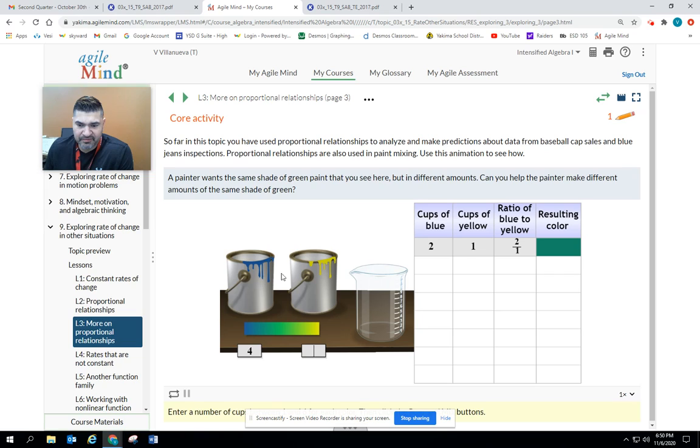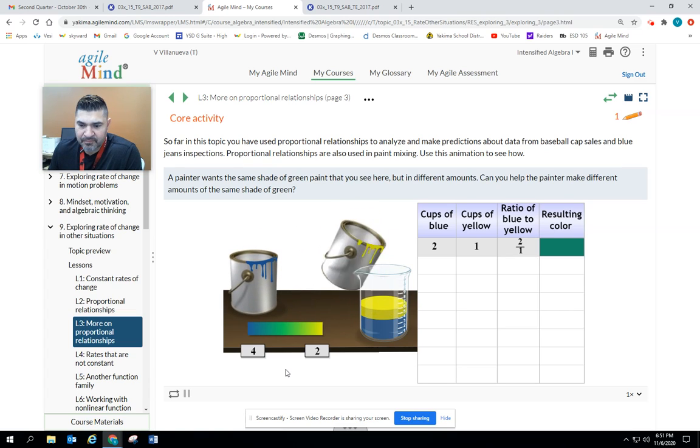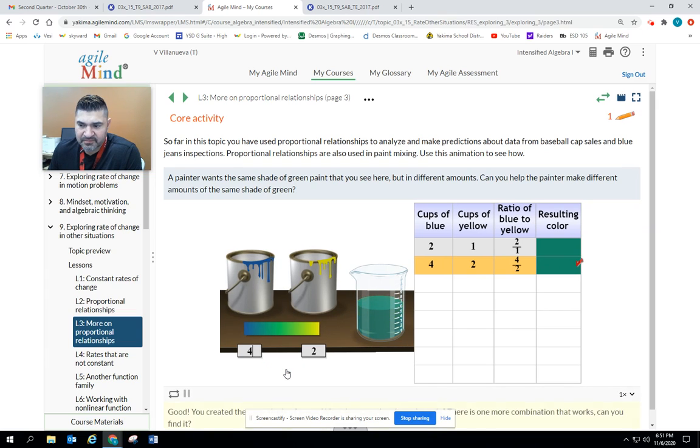Remember, it was 2-to-1, so this is going to be double of this one. So if we have 4 here, this is double of this, so this is going to have to be 2. And let's see if that comes up with the right shade of green. And we'll mix that. And that checks, that does work.